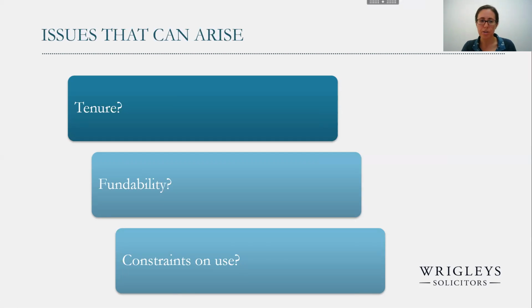So be careful when you're drawing up initial plans about what you're envisaging happening in the long term. The fact that a typical CAT might be a 99-year lease doesn't necessarily mean that's the most appropriate structure for your project.